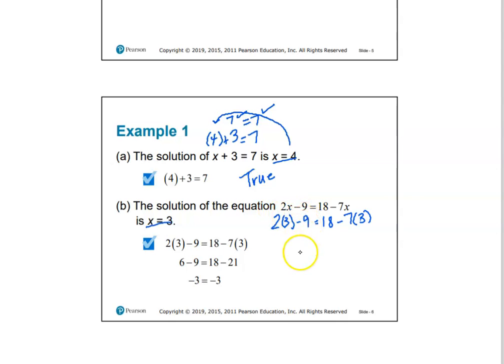Well, 2 times 3 minus 9 is negative 3. I'm going to go to my calculator again and type in 18 minus 7 times 3, and that gives me negative 3. Because these are both equal to each other, x equals 3 is a solution to this equation, 2x minus 9 equals 18 minus 7x.